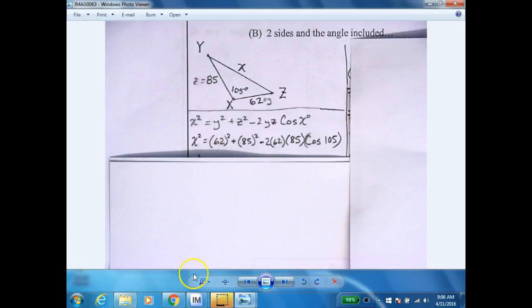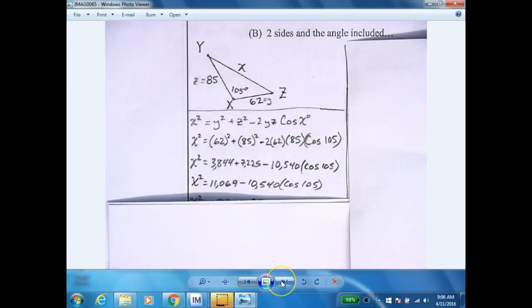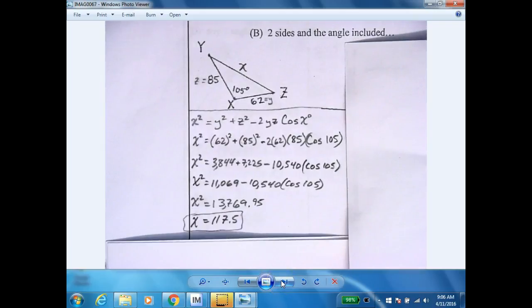All right, here we go. X is 117.5. Wait, how'd you get cosine 105? Okay, hold on. You got it. At this point, you should be checking your work, right? So comparing your work to mine.